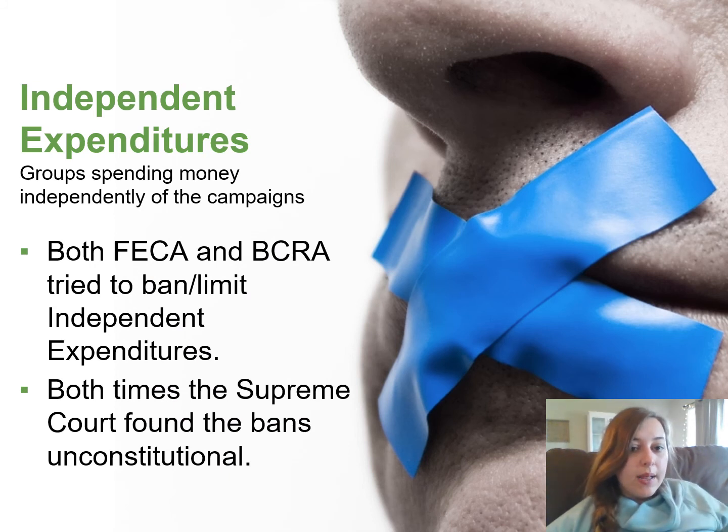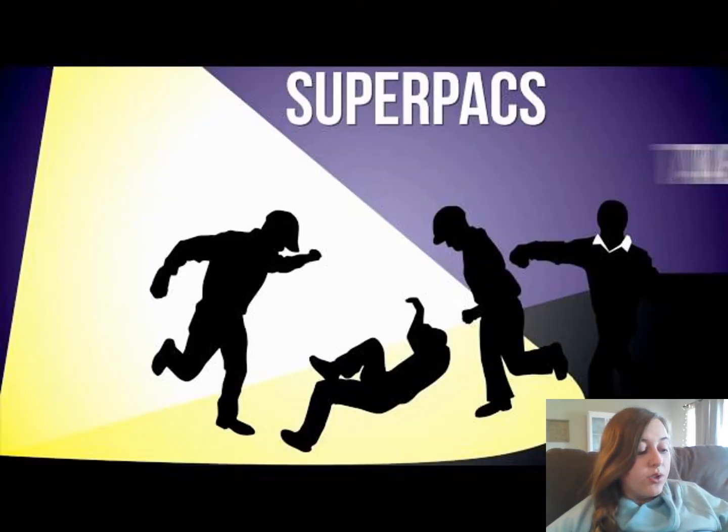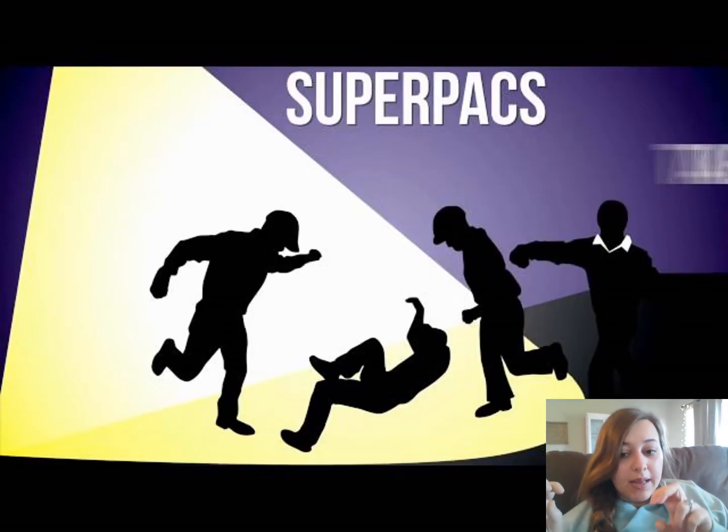Now, we said independent expenditures are groups spending money independently of the campaign. Both of our federal laws regarding campaign finance try to ban or limit these, but both times the Supreme Court finds these bans unconstitutional. Super PACs are known as independent expenditure only committees.